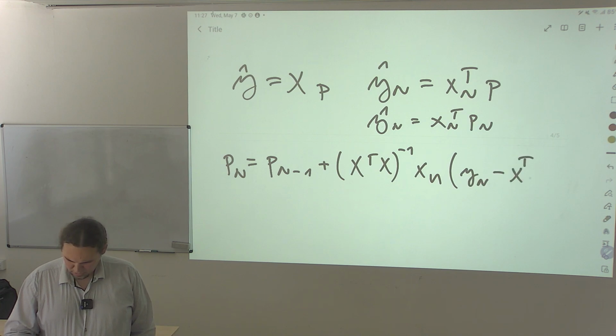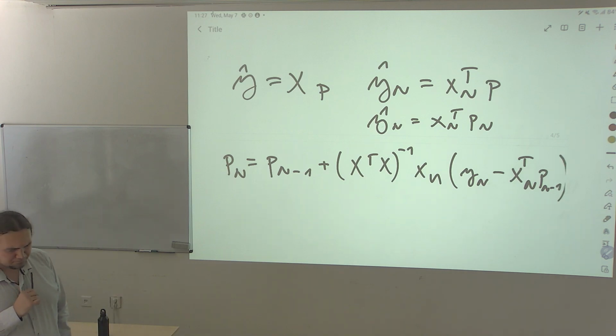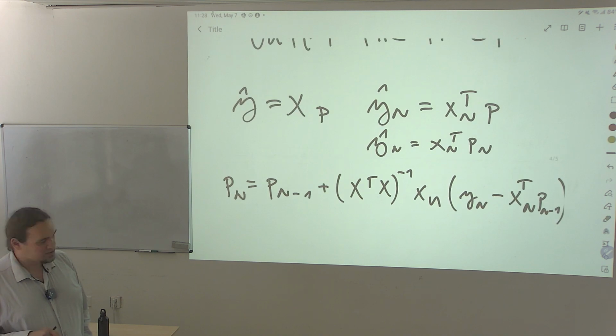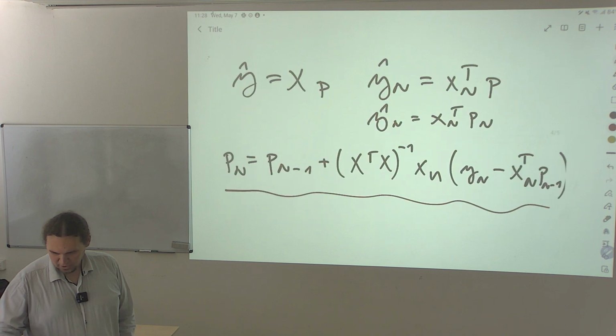So X transpose n times p, Pn minus 1. This is how it would look in a completely general case.